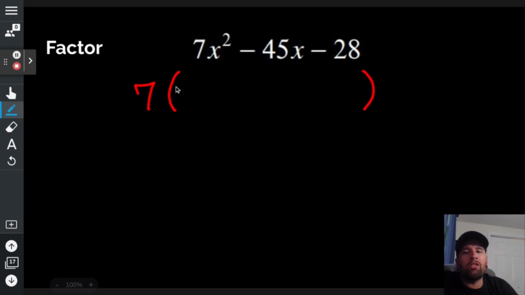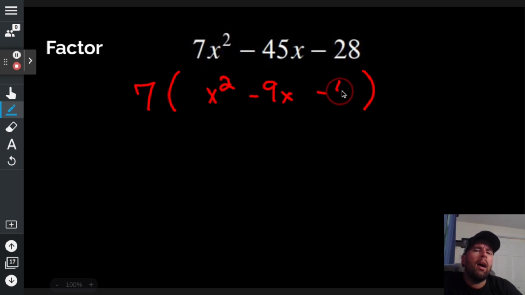So if I divide 7 from 7, I have an invisible 1. Drop down the x squared, because remember, leave the x's alone. If I divide a 7 from -45, I have -9. Drop down the x. And if I divide a 7 from -28, I have -4.